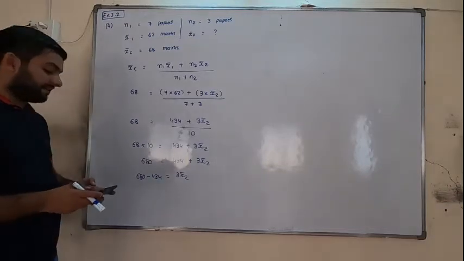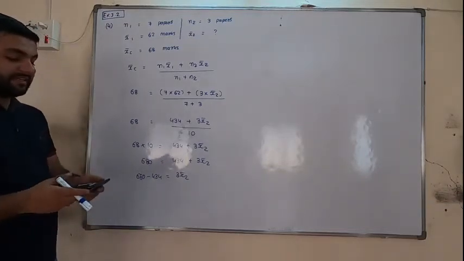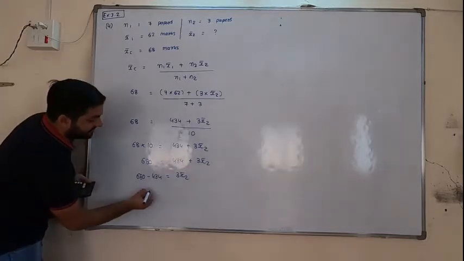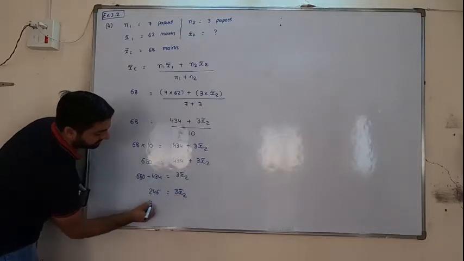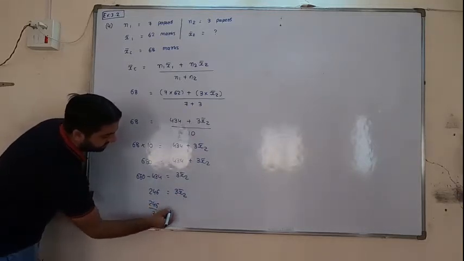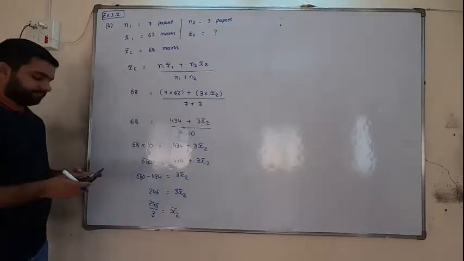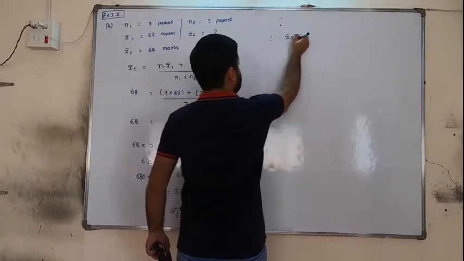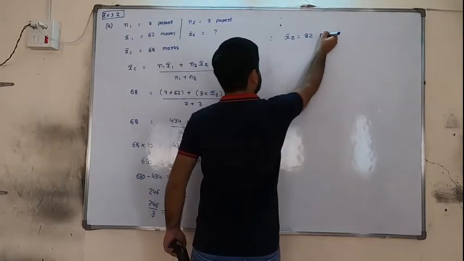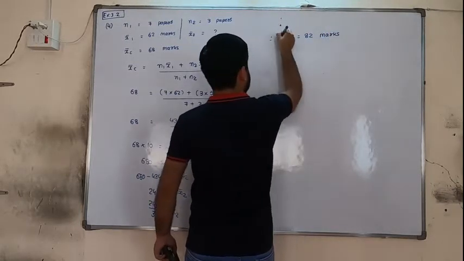If you think it is correct, then it is as per you, but mathematically and technically it is wrong. Now this subtraction is 246 is equal to 3 X bar 2. 246 divided by 3 is equal to X bar 2, 82. Therefore, X bar 2 is equal to 82 marks.